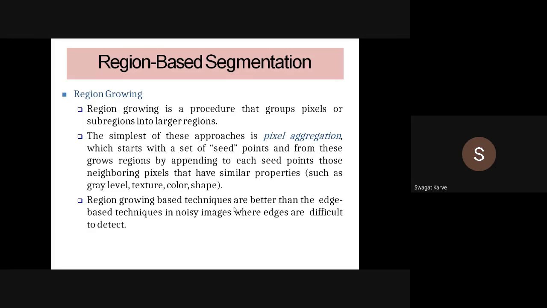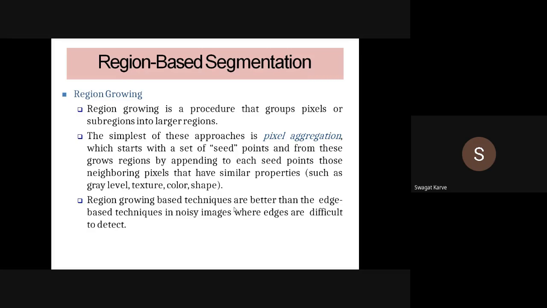Then we have studied detection based on the discontinuities, right? Detection of a particular object, or detection of a particular shape, so that we are able to extract that from the background image, right? So based on the discontinuity, we have discussed different detection techniques also. For example, point detection, then line detection, and third one is edge detection, right?